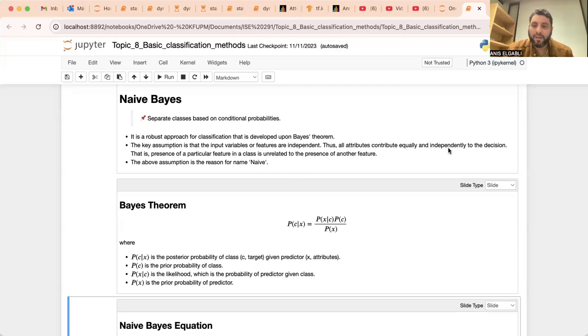One thing to mention here, independency is stronger than correlation. So you may have two random variables, X and Y. If they are independent, then they are uncorrelated.